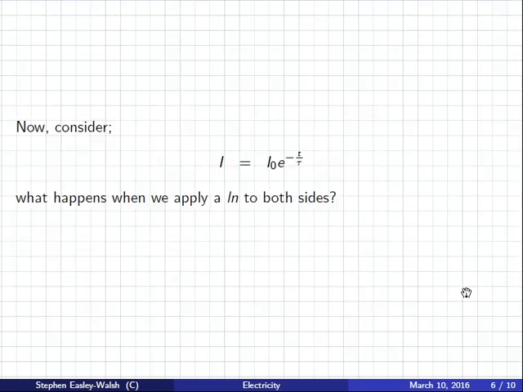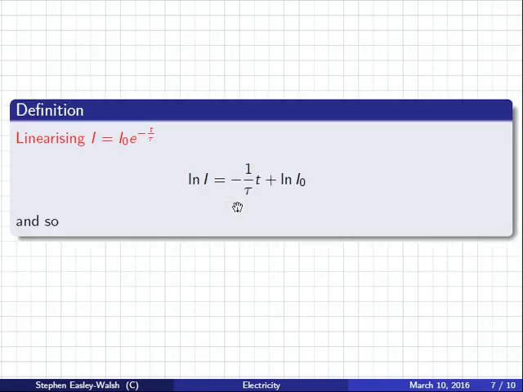Now, what happens when I put log on both sides? This is linearizing it. So when you use log, you get this formula. The y is log I. What's the m? Minus 1 over tau. The t is the x.